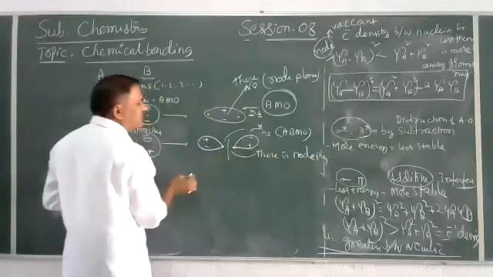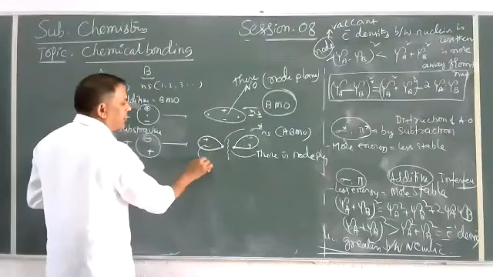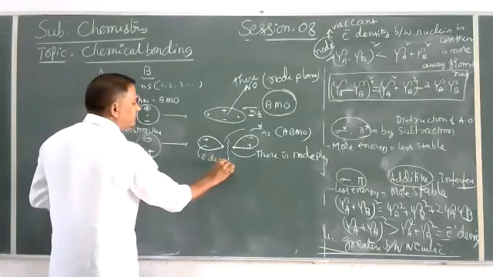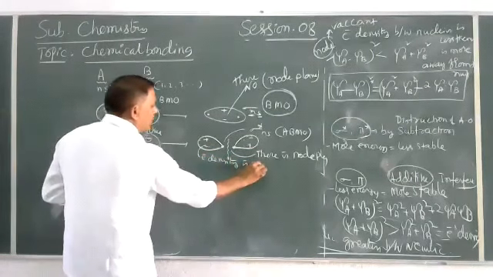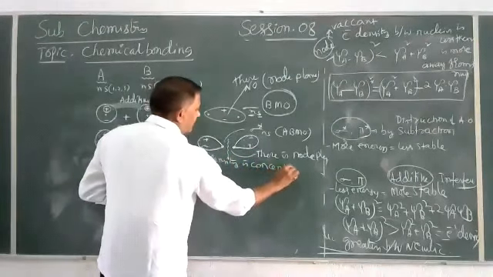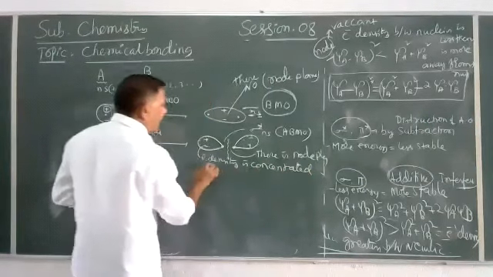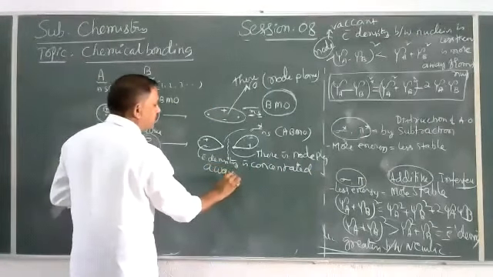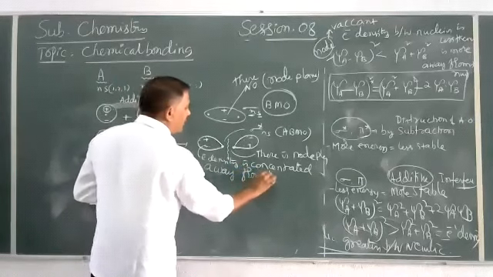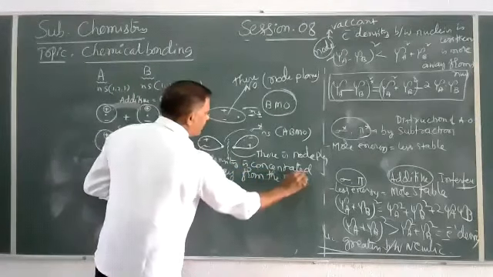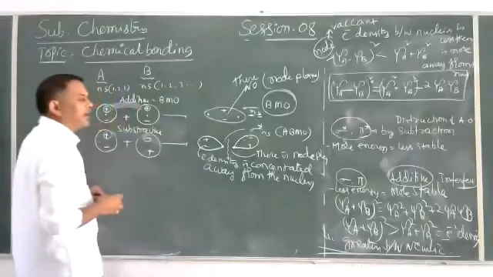There are no electrons there. That's why electron density is concentrated away from the nucleus. That's why there is no bond between the two nuclei.